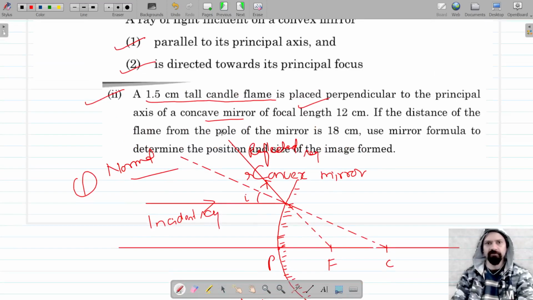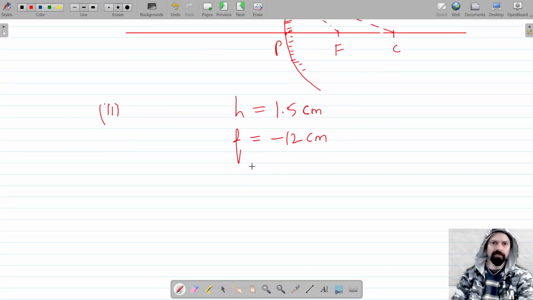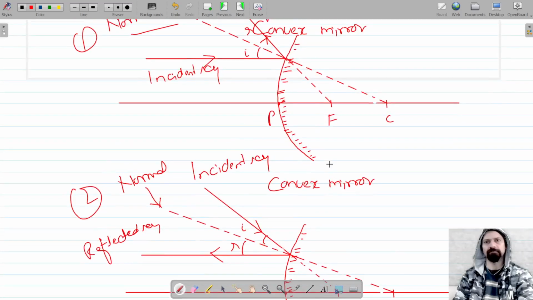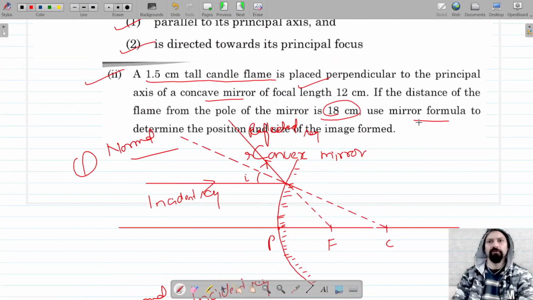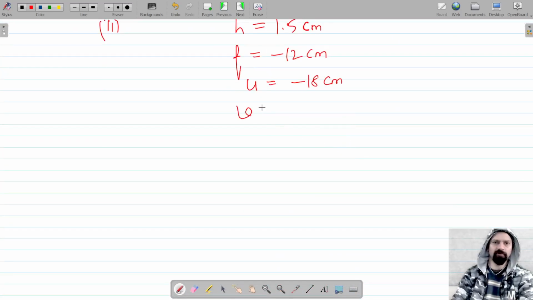If the distance of the flame from the pole of the mirror is 18 centimeter, this is the object distance u is equal to negative 18 centimeter. Use the mirror formula to determine the position and size of the image formed. So we have to find v and h dash.